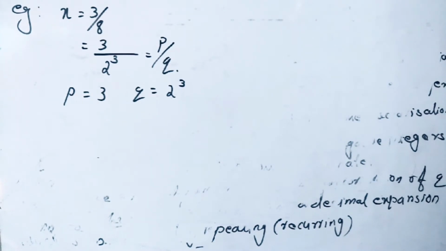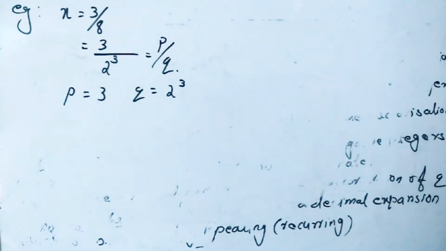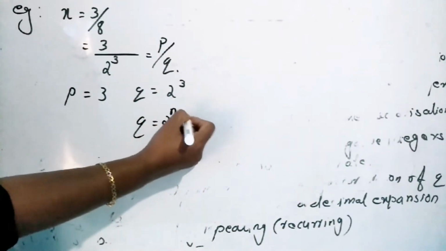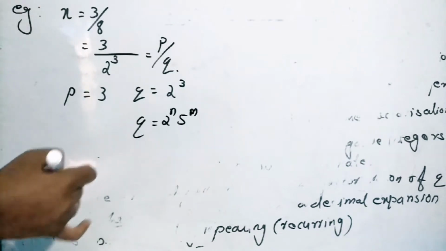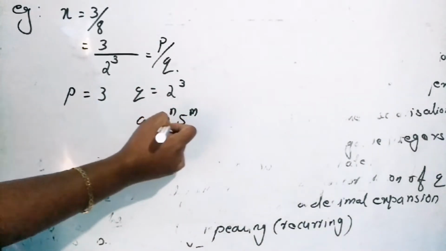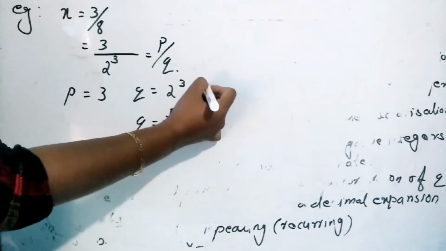Now, if you want to say the decimal expansion corresponding to this x equal to 3 by 8 terminates, we need to check the prime factorization of q. What does our theorem say? If q is of the form 2 raised to n into 5 raised to m, then we can say that our x has a decimal expansion which terminates. Now just check this. Here we have 2 raised to 3 and thus you can write it as 5 raised to 0.